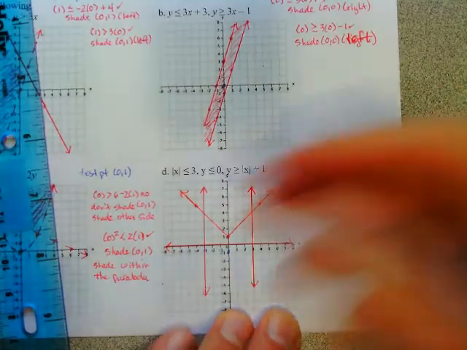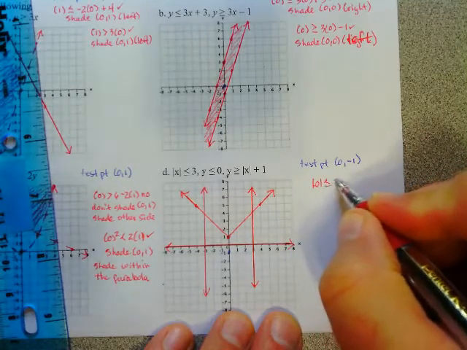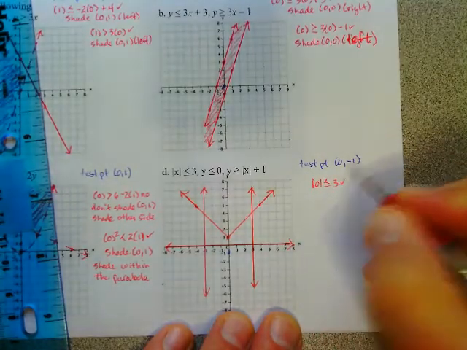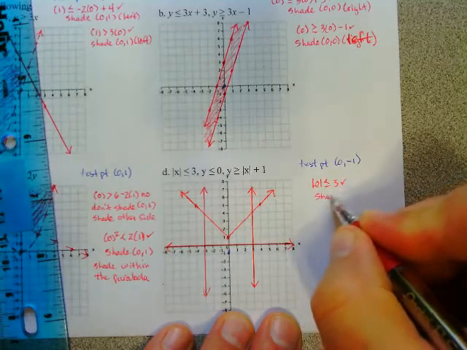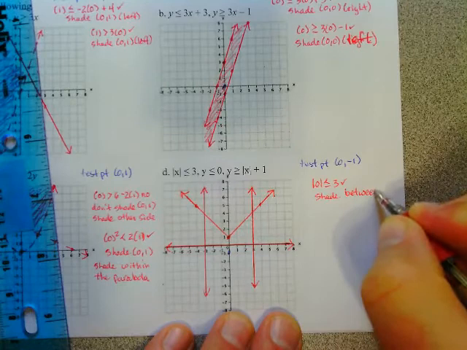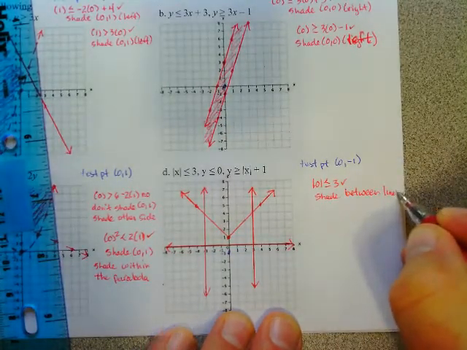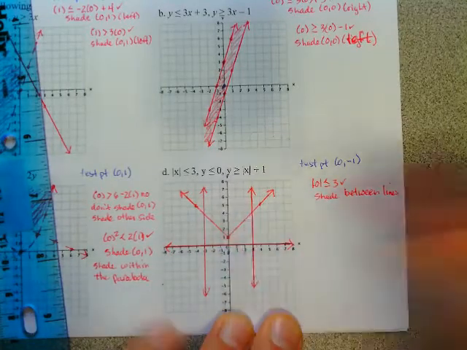In the first equation, is the absolute value of 0 less than or equal to 3? Well, yep. So that means, again, shade between the lines. So we're going to shade in here.